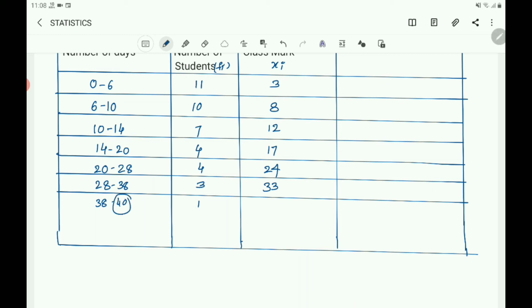Next 40 plus 38, that is 78, 78 by 2 is 39.